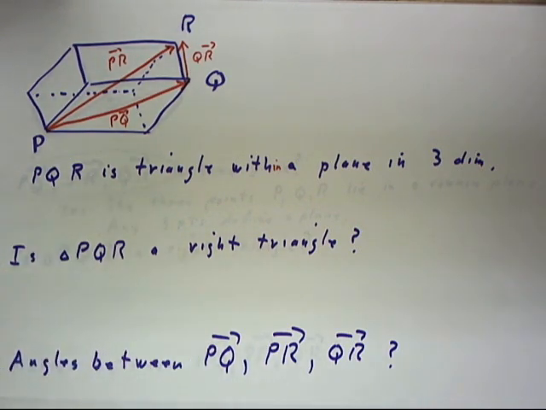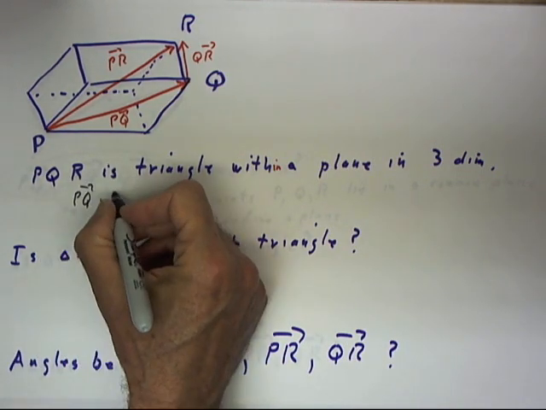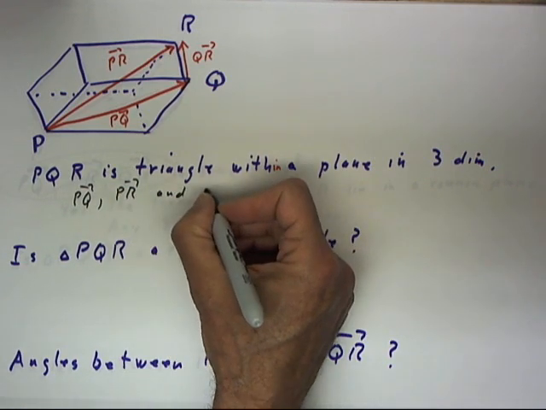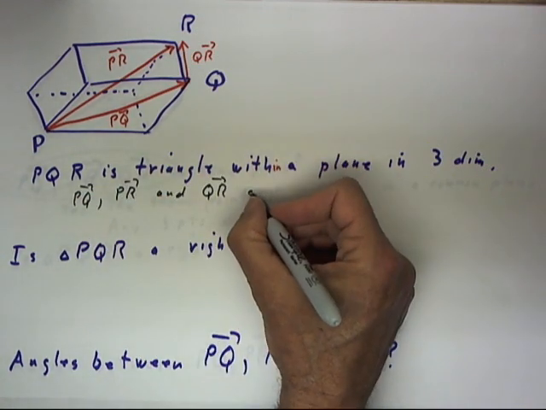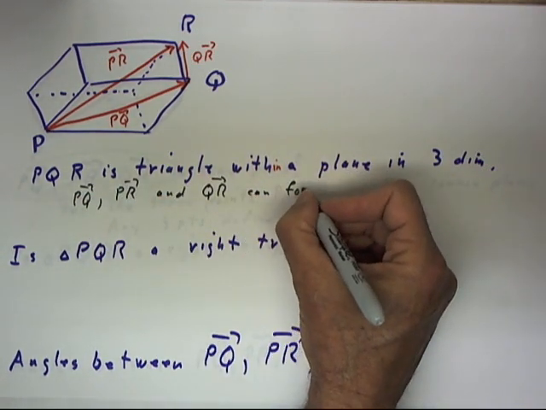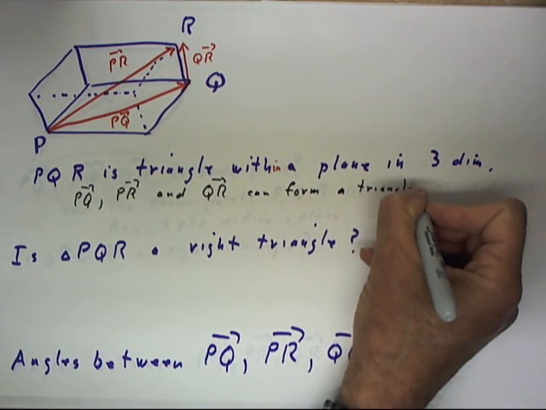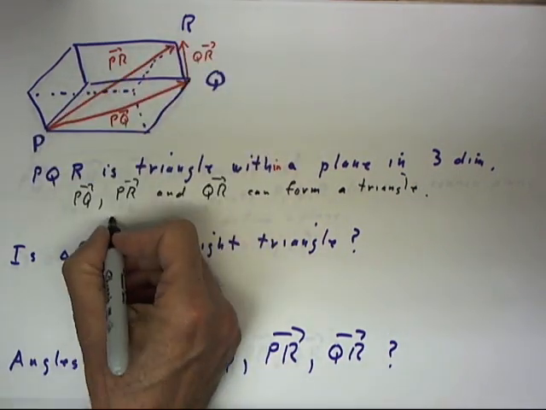So we can say that the vectors PQ, PR, and QR can form a triangle.